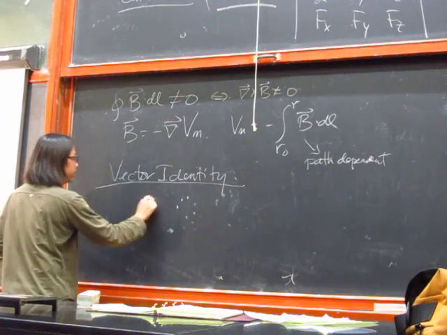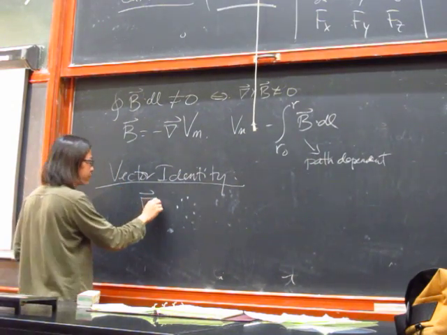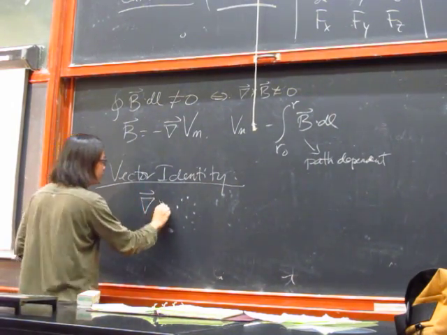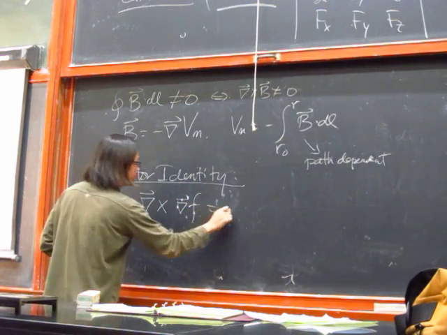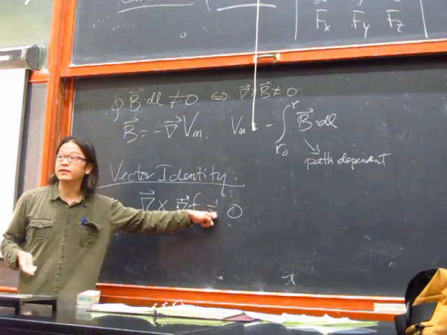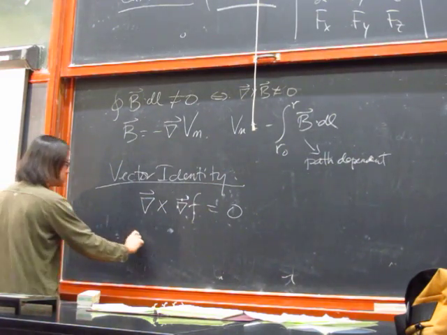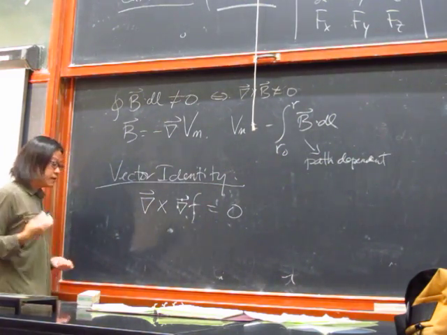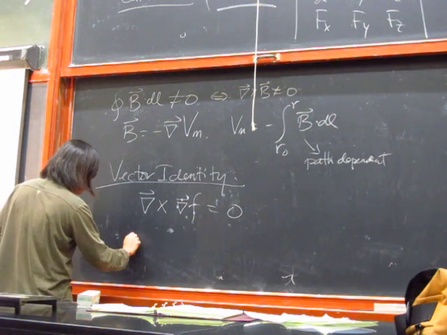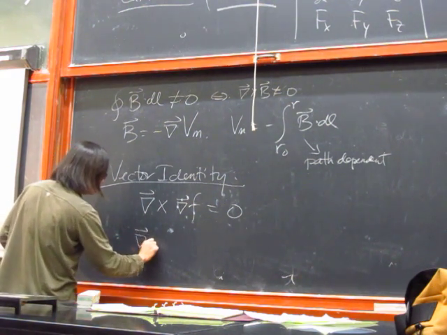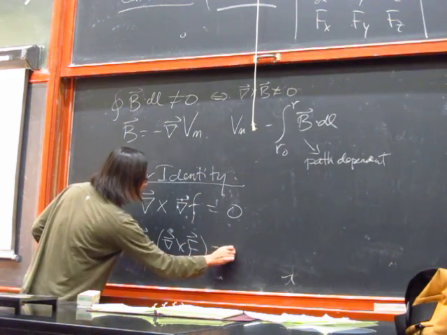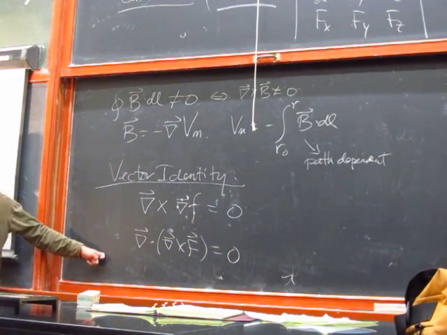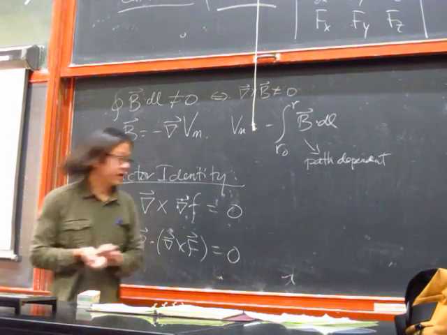For any scalar field, the curl of a gradient is always equal to 0. This is an identity. And also, if I have any vector field f, then the divergence of a curl of f is always equal to 0 also. Identity.